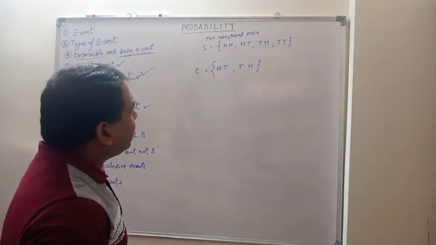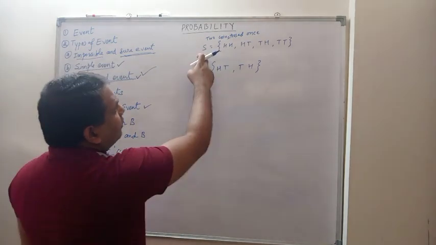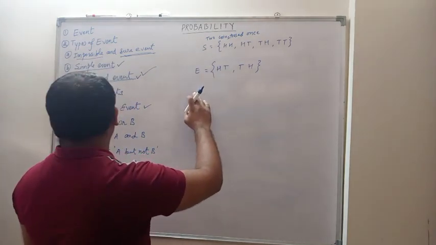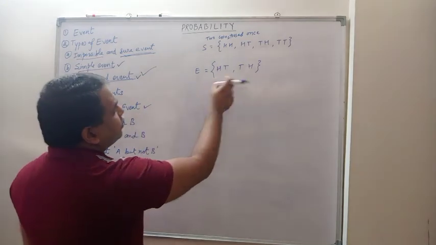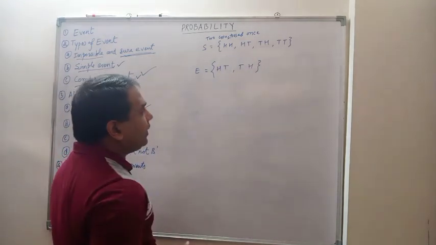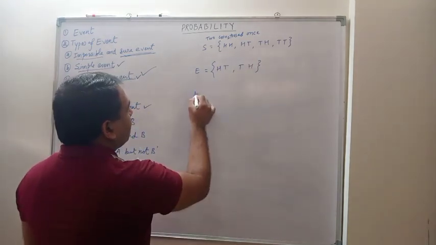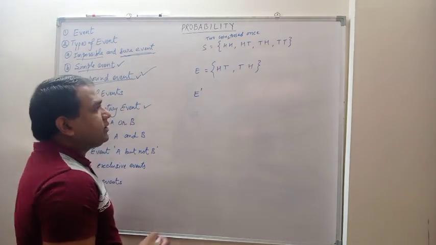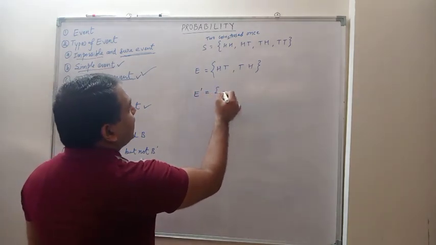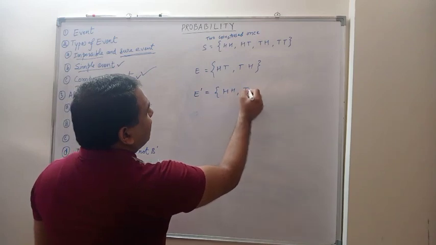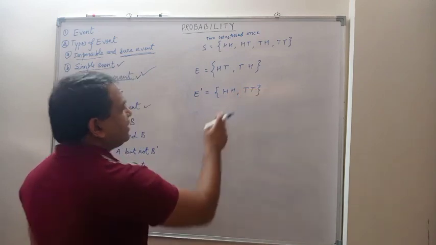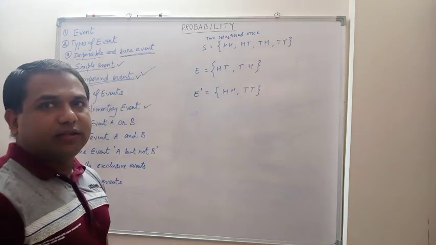The remaining things will be complementary to E, and it is represented by E dash, and the remaining things will be HH and TT. These are complementary to each other.